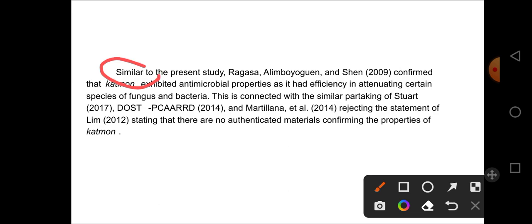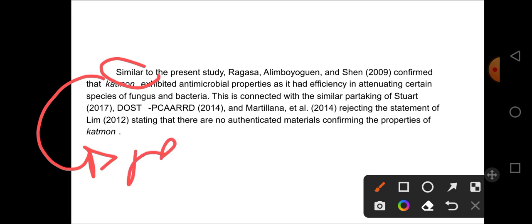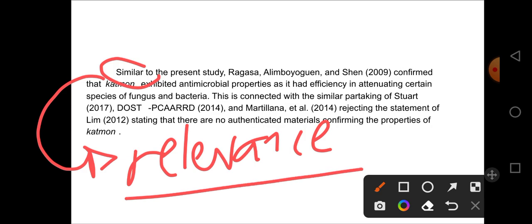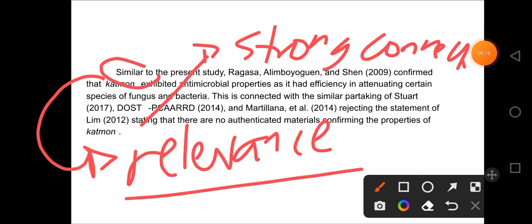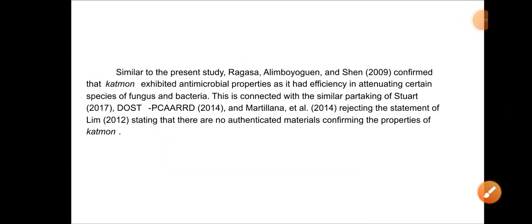Whenever we say similar, does it mean that it shows relevance to a certain concept? Obviously, the answer is yes. So your RRLS must show a strong connection or relevance to your current study.